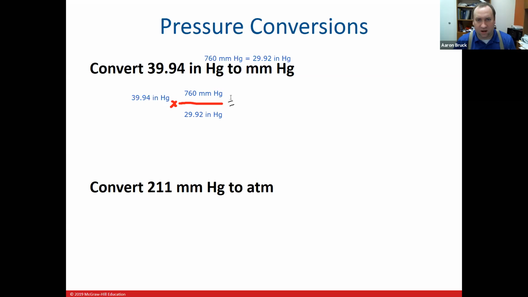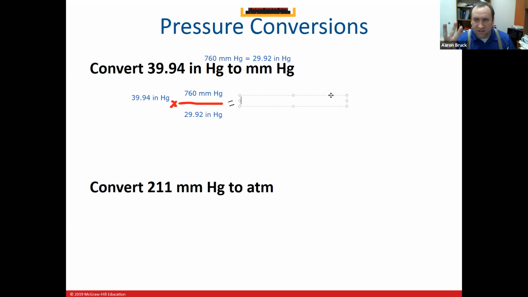Put that out there, and it equals 39.94 multiplied by 760 divided by 29.92.